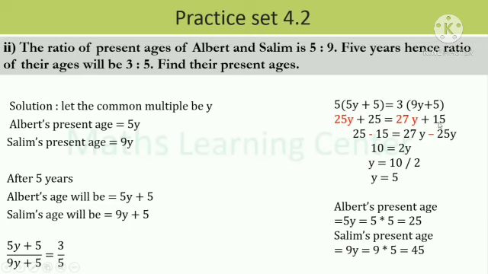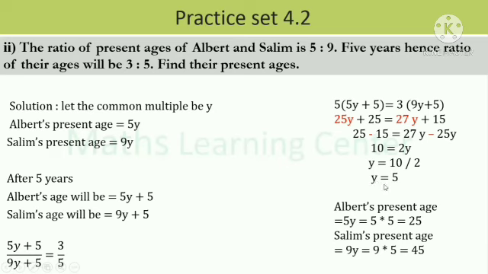Similarly, plus 15 we are shifting, so the sign of 15 is plus, so after shifting it will be minus. So 25 minus 15, our answer will be 10, and here 2y. Now again 2 is multiplying, we have to shift it towards 10, so after shifting, it will be divided. So 10 upon 2 will be 5.